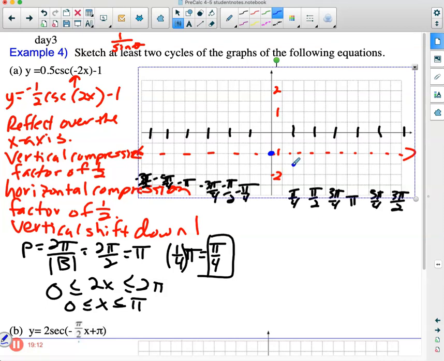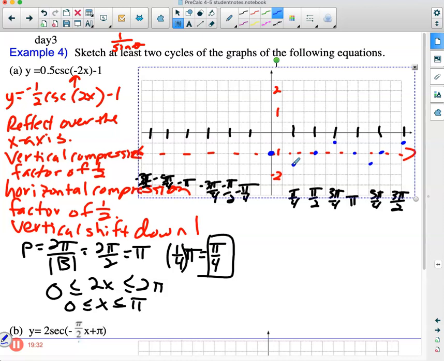So we have axis, then low, axis, high, axis, low, axis, high. So we're going 1/2 a unit above and below.